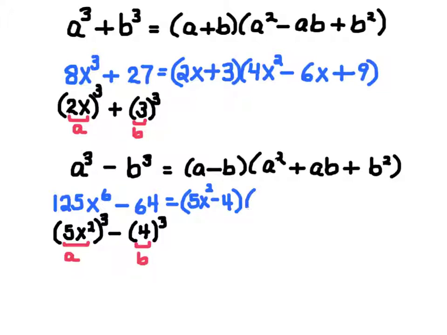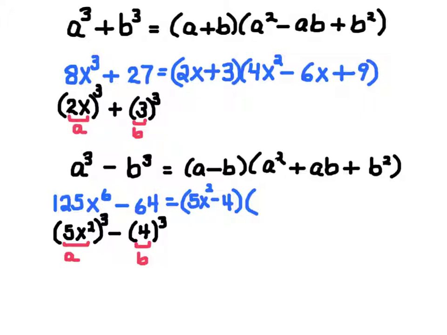And for the last polynomial factor, which is a 3-termed polynomial, a trinomial, we want to square a, and a is 5x squared.